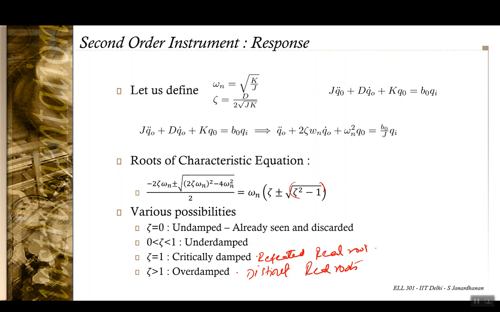And when zeta is between 0 and 1, then you have complex roots. So when zeta is between 0 and 1 and you have complex roots, you have oscillations. However, since there is also a real part, it's not only imaginary, so you have oscillation and you have some sort of damping.